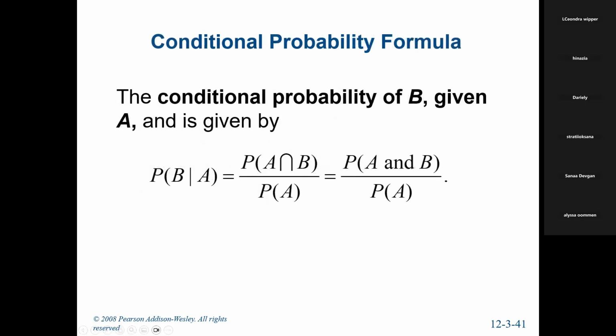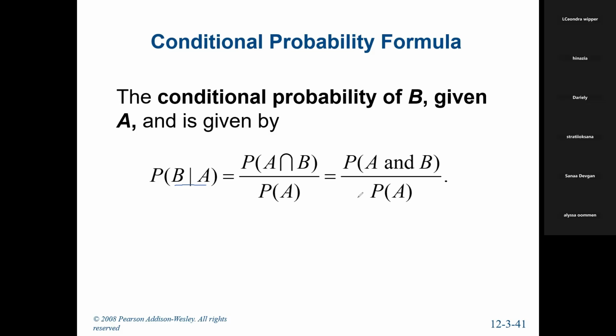Okay, this is the formula. Conditional probability formula. The conditional probability of B given A is given by probability of B given A, okay? That's the way you're supposed to read this. Probability of B given A is equal to P of A intersection B, or P of A and B, over P of A, okay?